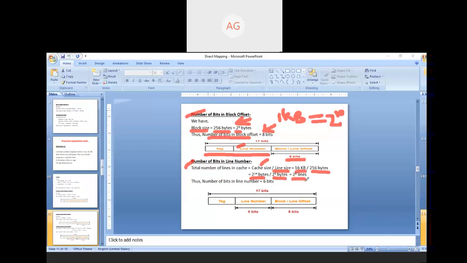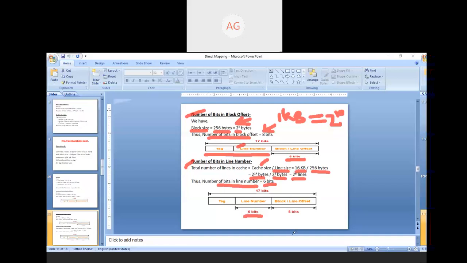Whatever number is in the power of 2, that number of bits are in the line number. So there are 6 bits in the line number.